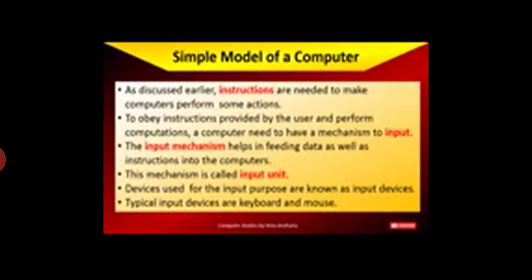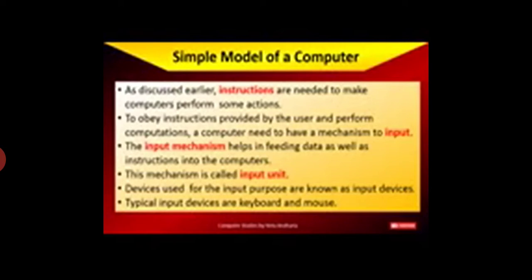To obey instructions provided by the user and perform computations, a computer needs to have a mechanism to input. For example, in our computer, we have the USB slot from where we can insert the pen drive and install the programs. We have another mechanism also, that is, our computer can get connected to the internet.